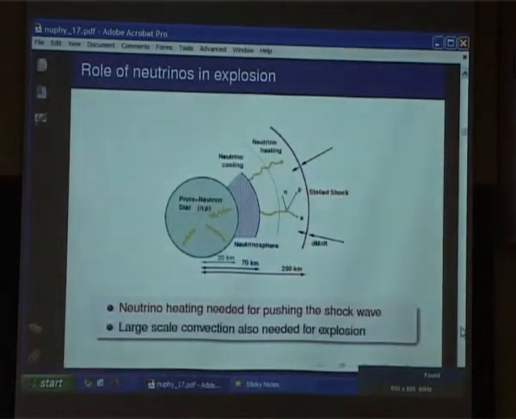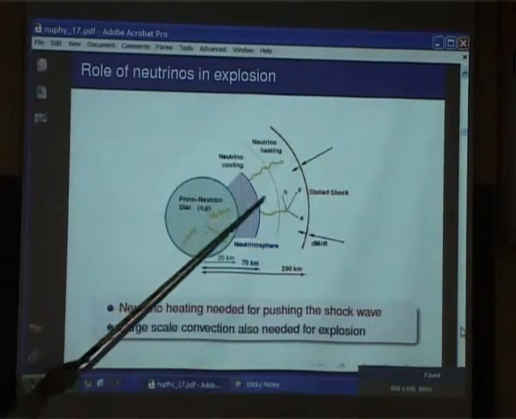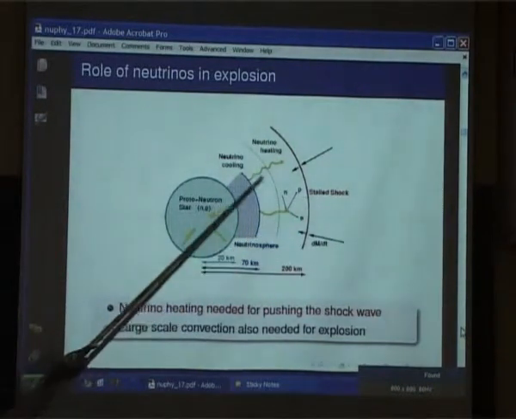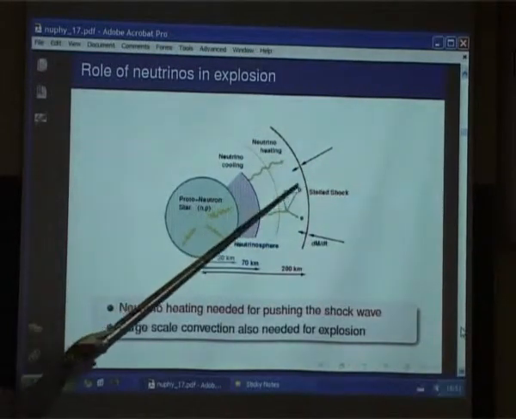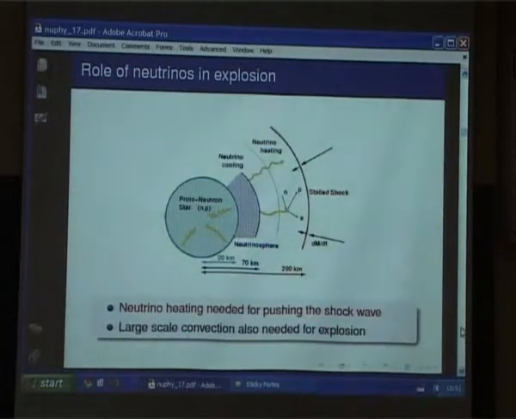I guess I have a cartoon. So this is a shock wave, it is stalled, and the neutrino is trying to escape, but cannot escape, and will push the shock wave. And then you produce some extra hydrodynamical instabilities, and that causes the star to go. So you need two things.